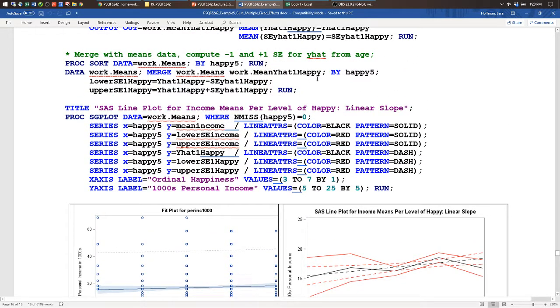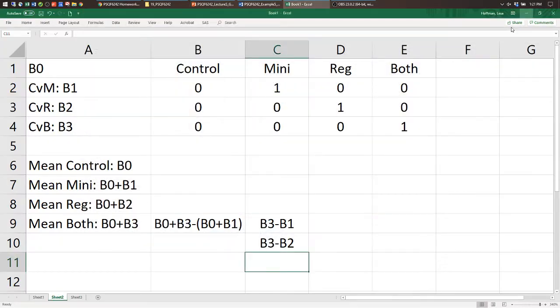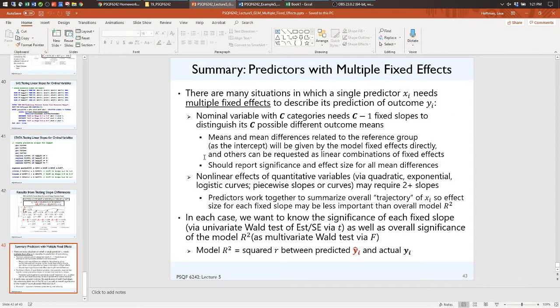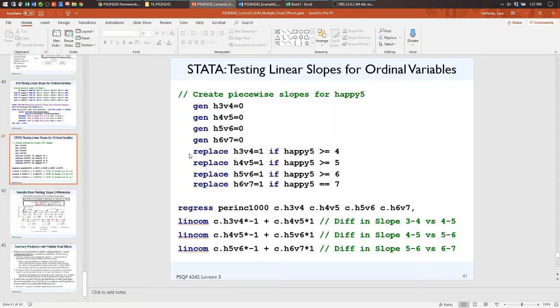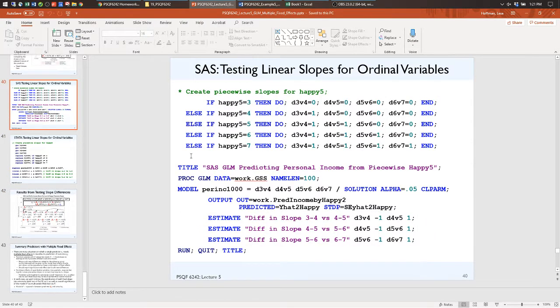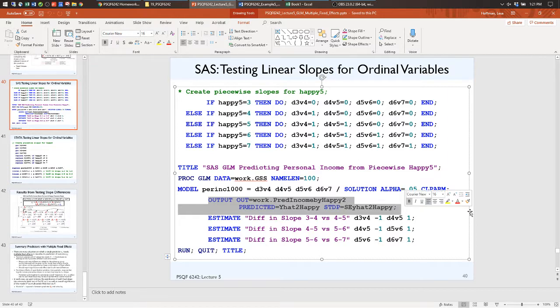So other questions about coding, pieces, stuff like that? I'm running into problems where, if you look at slide 40, where it says output out, every time it's showing up red. Oh, this? Yes, so is this something I'm supposed to change? You don't have to do that at all. You can just delete it.